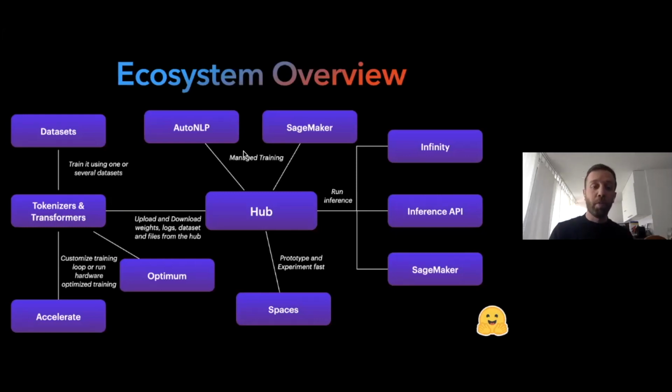And even if you're a machine learning engineer or a data scientist, that still gives you a very strong baseline for everyday tasks. We also have integration with SageMaker on AWS to make training very easy on SageMaker.